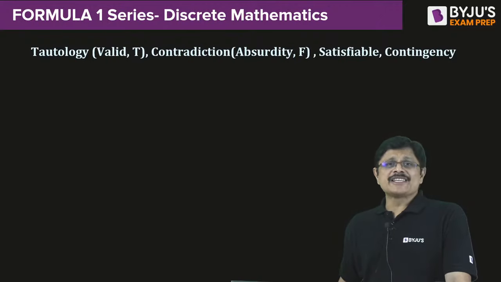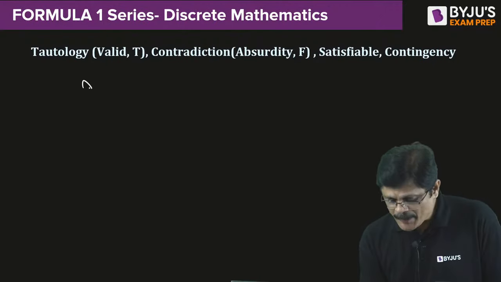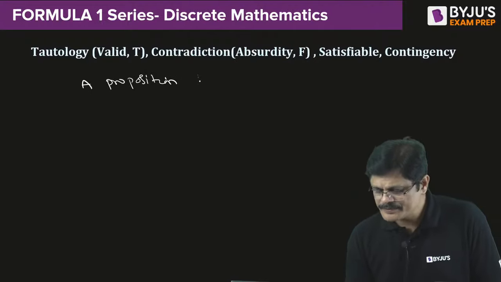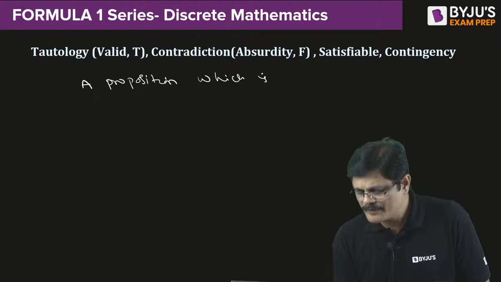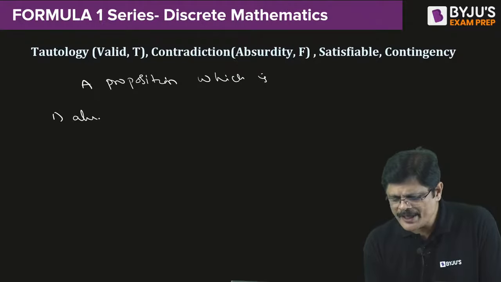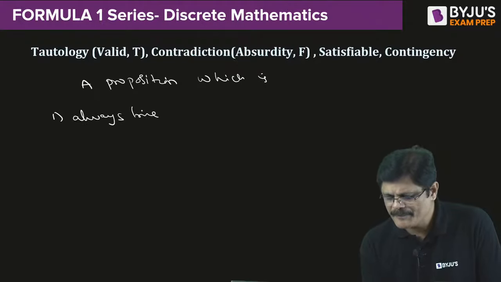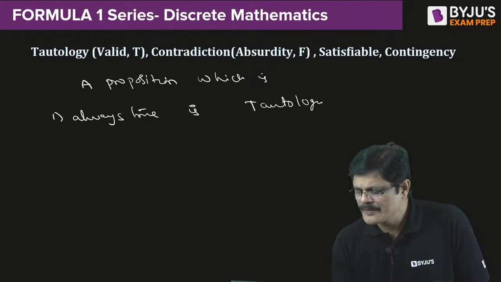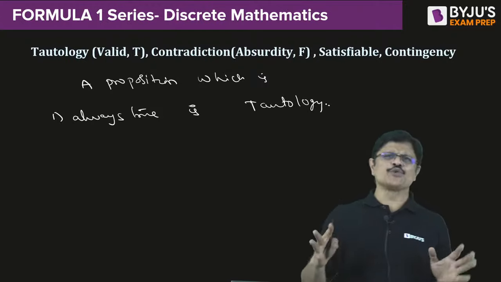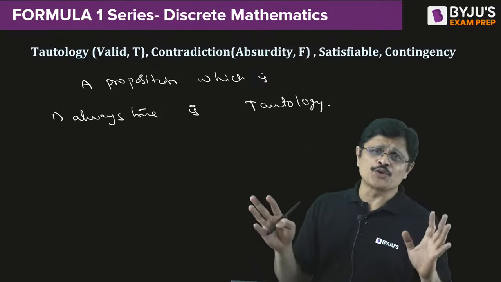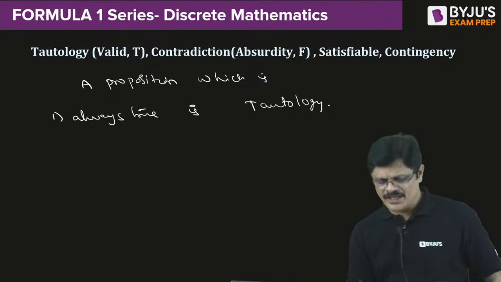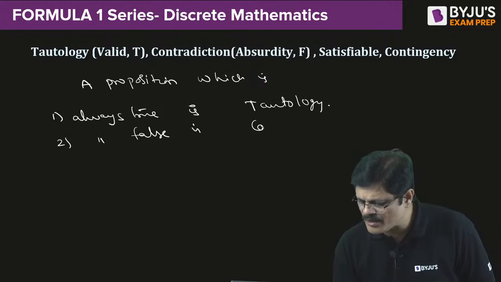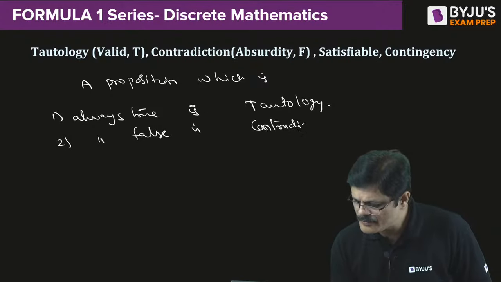Now, a proposition which is always true is a tautology. A proposition which is always true for all the possible truth combinations is what is called a tautology, and a proposition which is always false is what is called a contradiction.